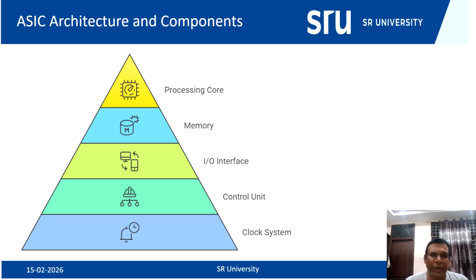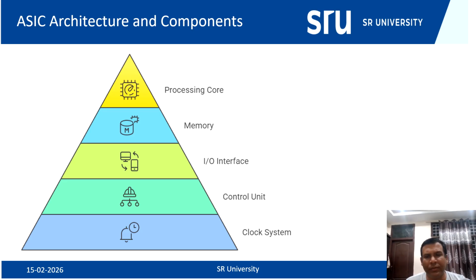Another essential component is memory, which is used to store data, program instructions, and intermediate processing results. Memory allows the ASIC to access required information quickly and efficiently, improving the overall speed and performance of the system. Different types of memory, such as RAM, ROM, or cache memory, may be integrated depending on the application requirement.